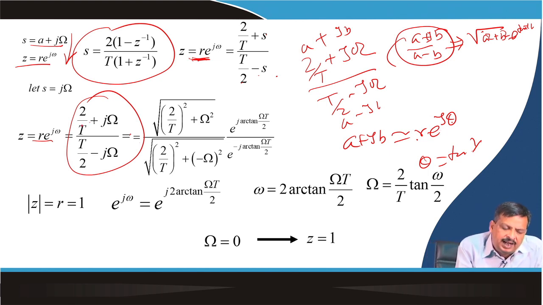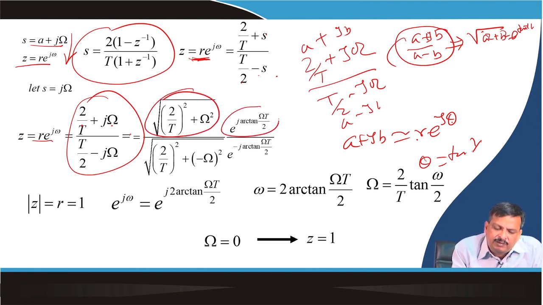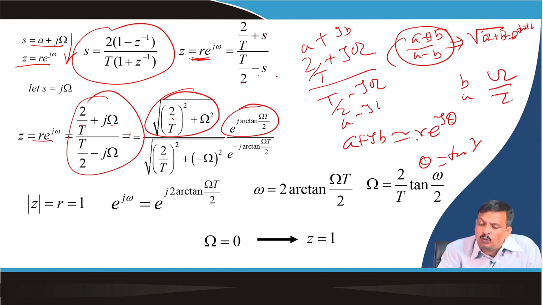So this is a, this is b. This is the magnitude, and this is the tan inverse omega t by 2, because b is omega and a is 2 by t. So omega t by 2, so j arctan, that means tan inverse omega t by 2.